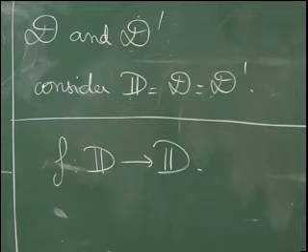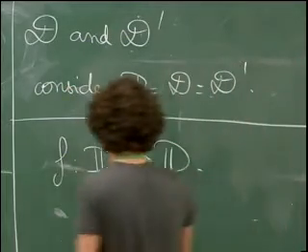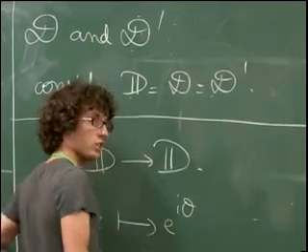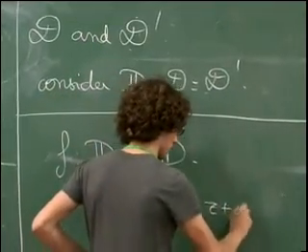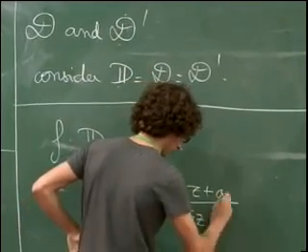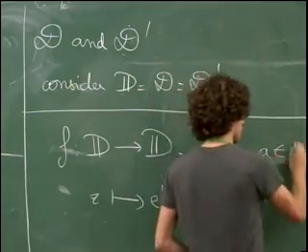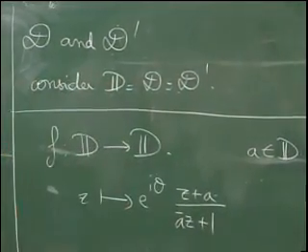I'm just looking for a function from D to D. Yeah, all the Mobius transforms. So the Mobius transforms, they are of this form. That's the composition of a rotation with this map, where A is any point inside the disk.